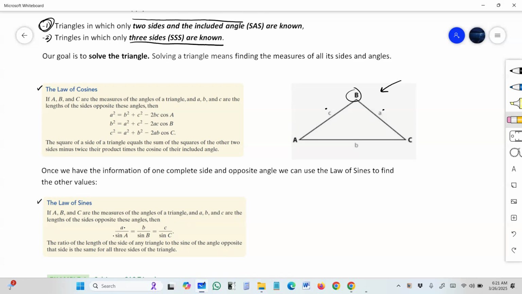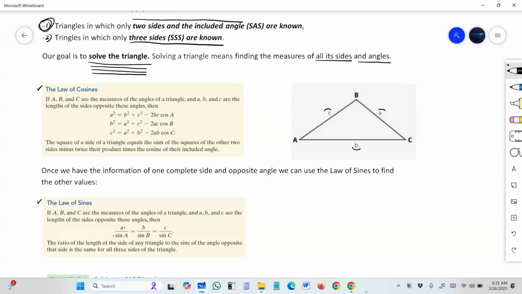Or another scenario is like the second case, we are given only the three sides. So in that case, we need the law of cosines. And our purpose is usually to solve the triangle. What we mean in mathematics when we say solve the triangle is to find all of the sides and all of the angles.